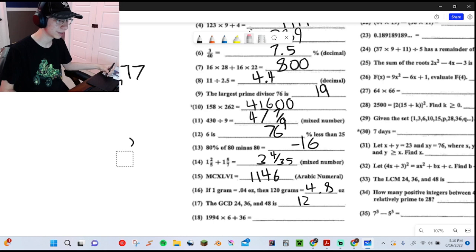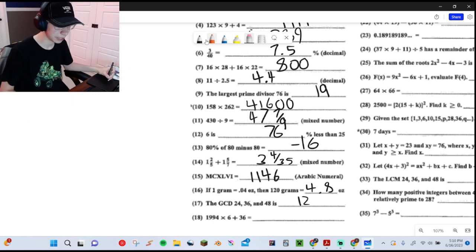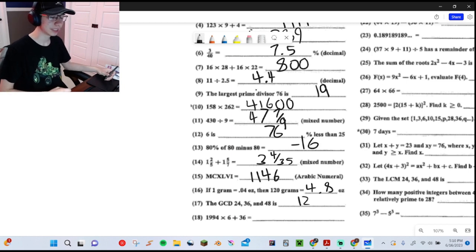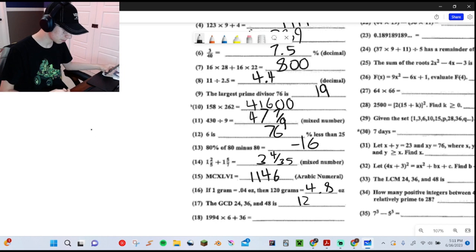It could be a bit trickier with 3 numbers. I think you'd have to check 2 at a time. Or you can just see it's 12, as in this question. So that one takes a bit of practice. Number 18, I like this one. These ones always appear. So this looks like an absolutely nasty question.